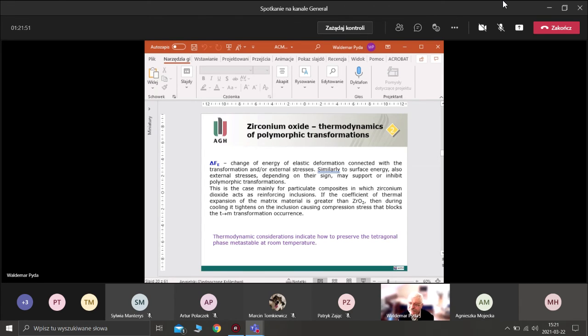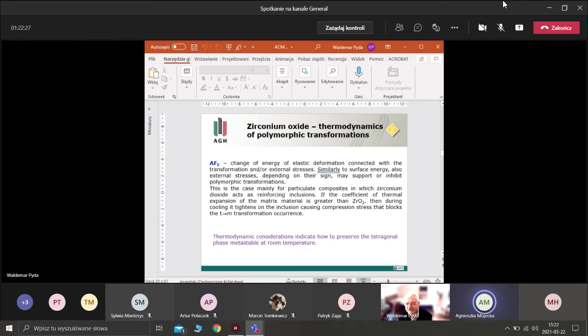Okay, one thing, is there any elastic deformation generated during the transformation of the tetragonal particle, tetragonal grain, into the monoclinic one? Could you repeat your question?